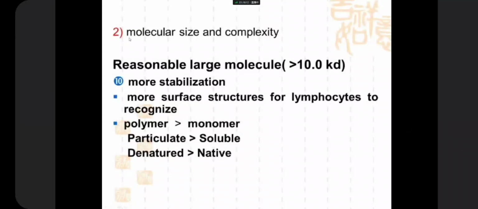The molecular size and complexity also influence immunogenicity. Reasonably large molecules are better, because they have more surface structures for lymphocytes to recognize.